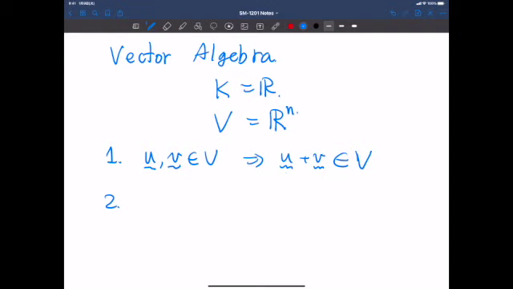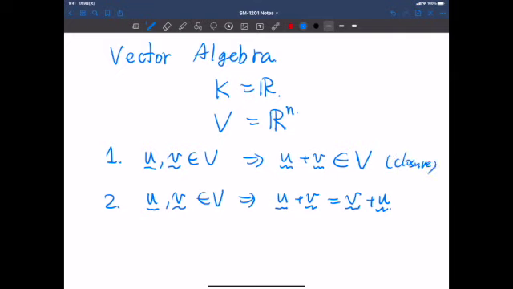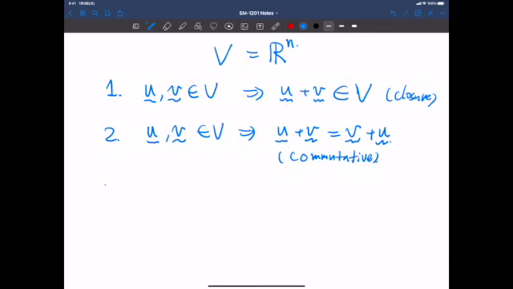Also, if u and v are vectors, then u plus v is equal to v plus u. This means addition is commutative, so the order of addition doesn't matter.